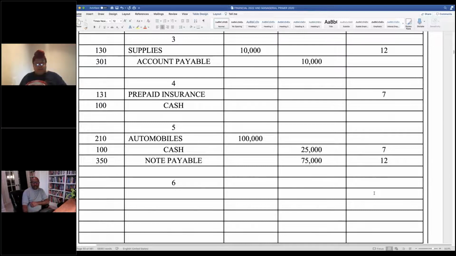That becomes a type 9. We're paying advertising expense. But once we get into making the journal entry, we've got to say what expense we paid. You don't say expense paid; you say what it was, and we paid cash.